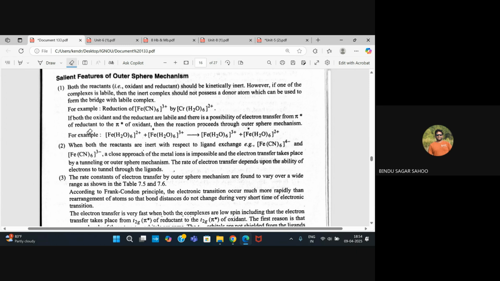In the second example, we'll discuss when both the reactants are inert with respect to ligand exchange. One reactant is [Fe(CN)6]4-, and the other is [Fe(CN)6]3-. When the two reacting complexes are inert, the two metal complexes make close contact with each other and react through tunneling.